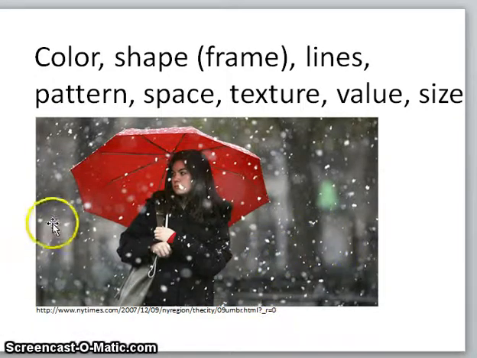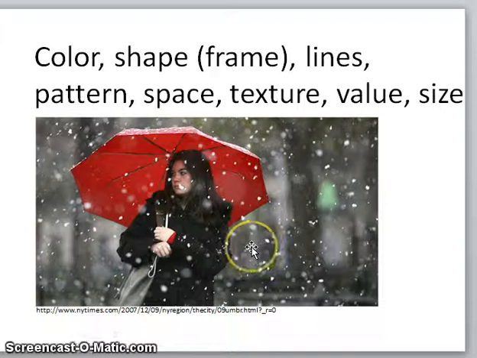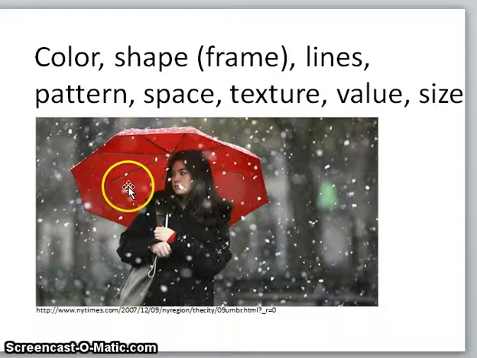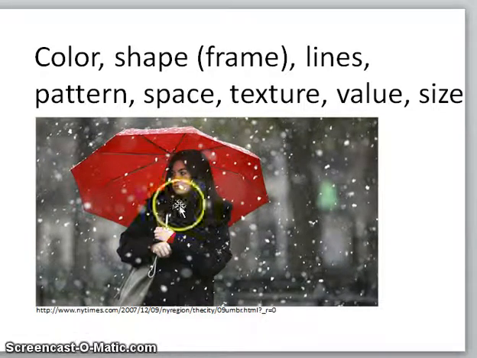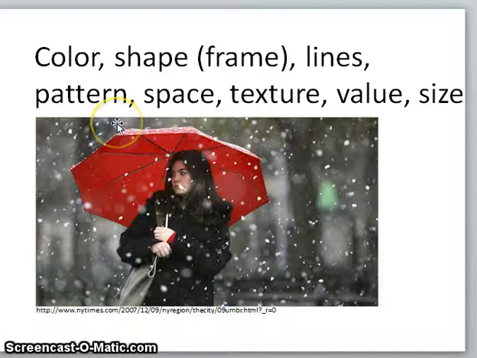Maybe we would say the snowflakes create a texture for the whole image, and our subject and umbrella take up a good piece of the frame, although you might say they could have taken up more of the frame. So all of those elements are present, to some degrees more successful than others.